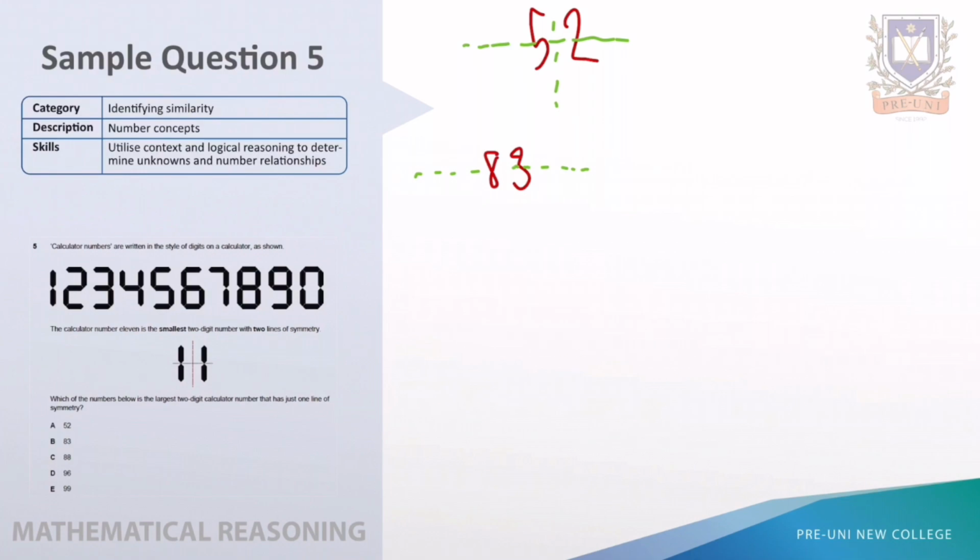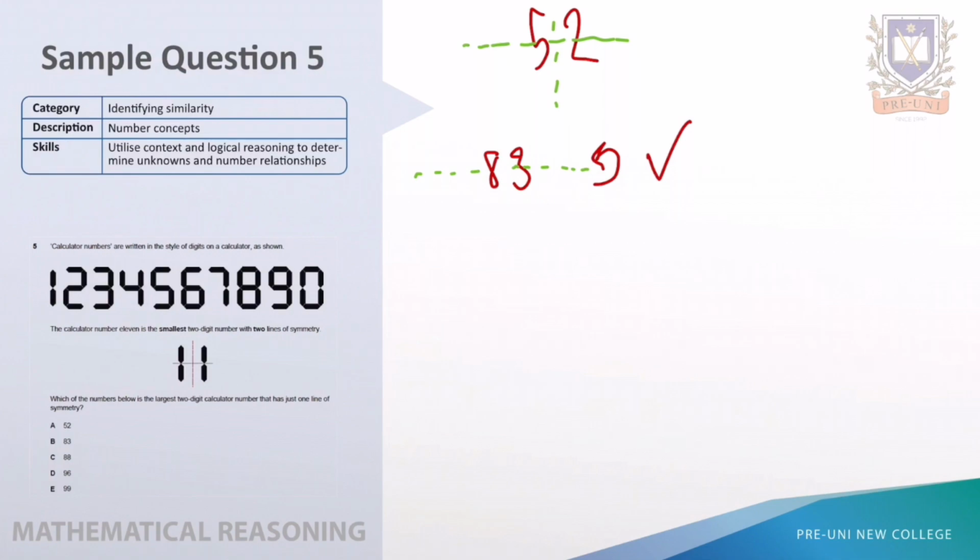So if we reflect it this way, we can see that there is a symmetry there. However, there is no vertical symmetry. So we can conclude that there is one line of symmetry in option B.